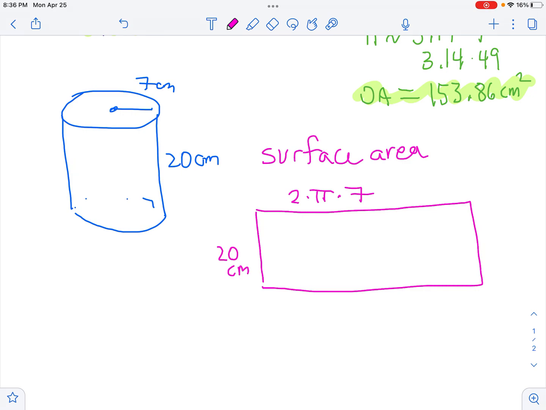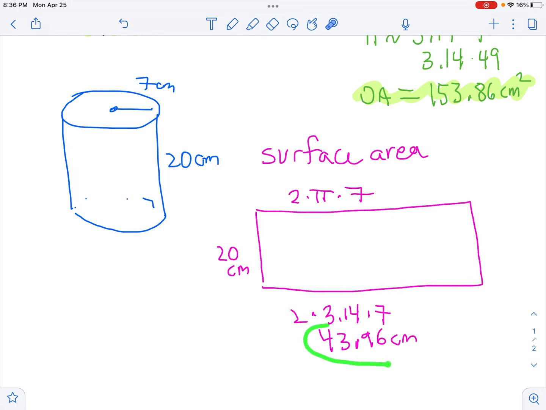So if we calculate that out, 2 times 3.14 times 7 gives me 43.96 centimeters. In other words, this distance is 43.96 centimeters.